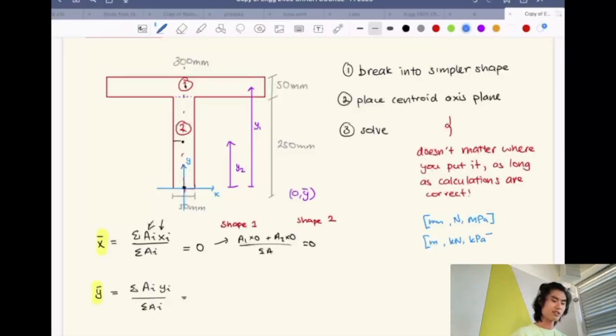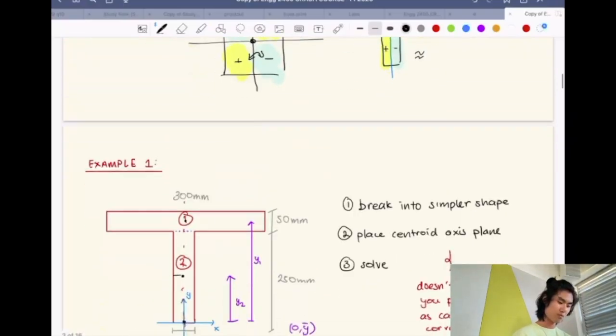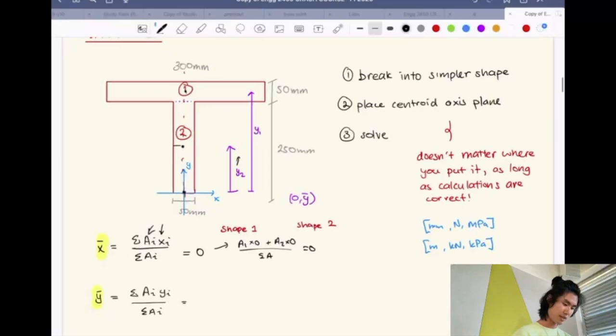Those are the easy conversions. But in this example, we're just finding millimeters. So what would y2 and y1 be? 125 mils. Yeah, this is 125. And then y1? Not quite. 275. 275. Good, very good.